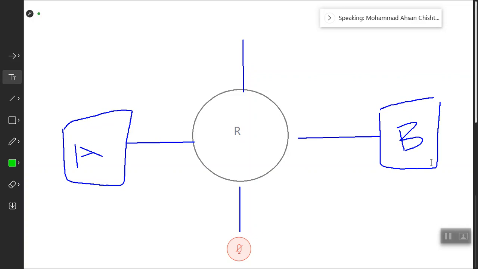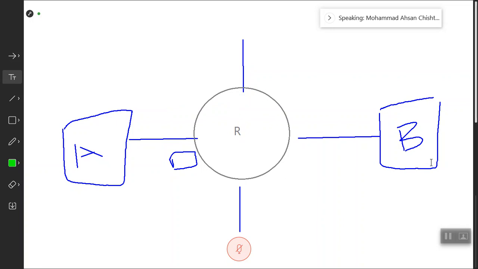So when a packet was sent from A, the packet reached here. The first delay it found was the store and forward delay. Then once it has processed, the router found out that this packet has to be pumped from this end to this end, or from this link, which is known as the incoming link, to this link, which is the outgoing link here.